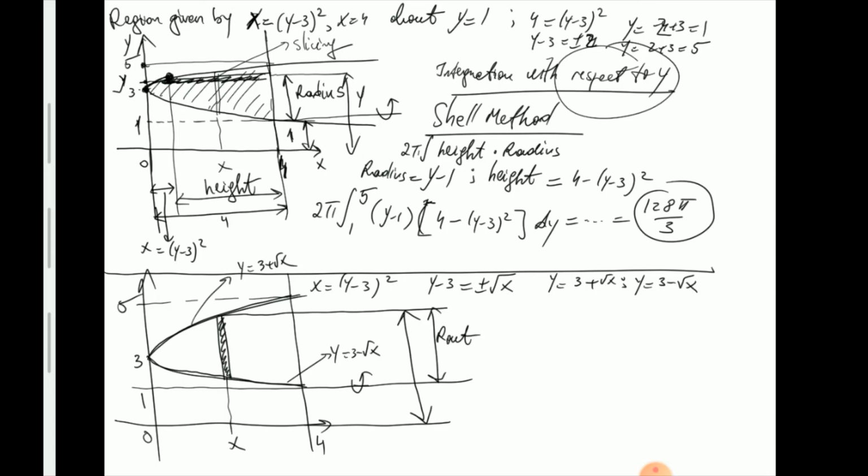If you look carefully, the outer radius is the difference between the y coordinate on the upper branch, which is again 3 plus square root of x, and the distance from the axis of rotation to the x-axis, which is 1. So therefore, the outer radius is 3 plus root x minus 1, which of course is 2 plus root x.